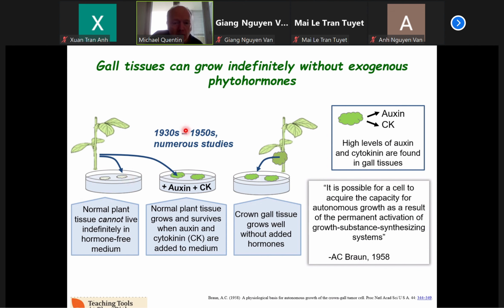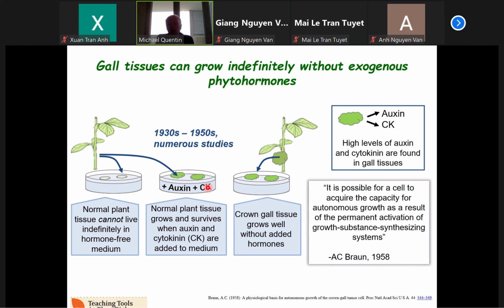On the opposite, you remember, it was discovered in the 30s that if you add auxin and cytokinin into the medium, you could make the plant cells divide. And you could then cultivate plant cells in vitro for a while.